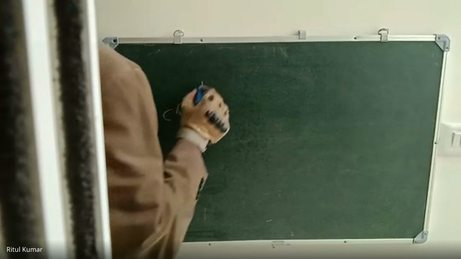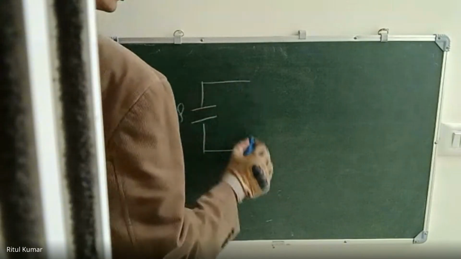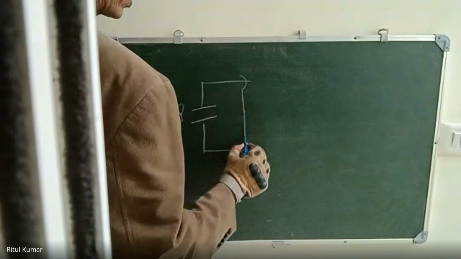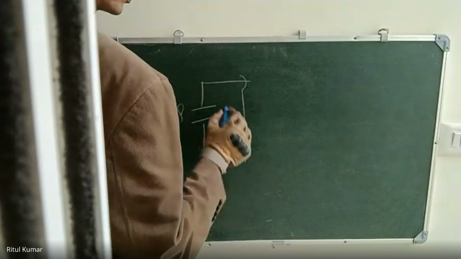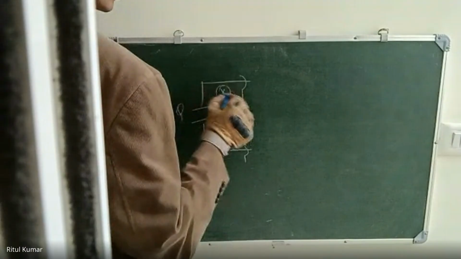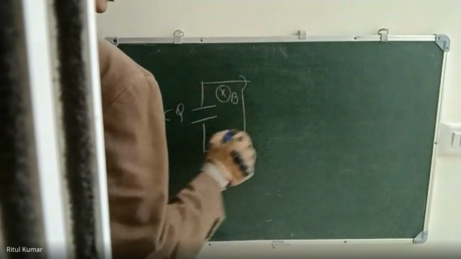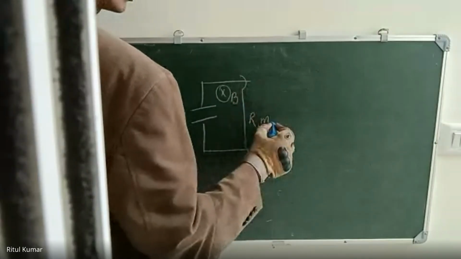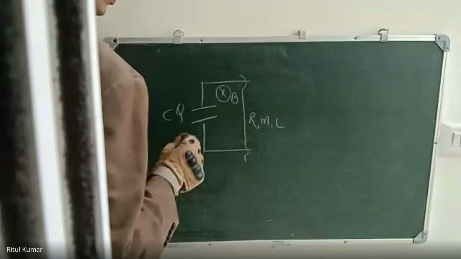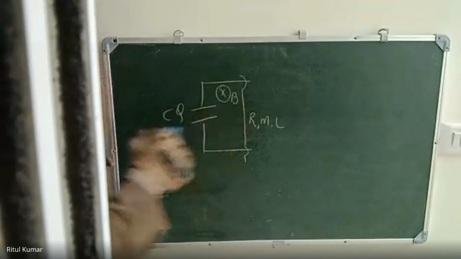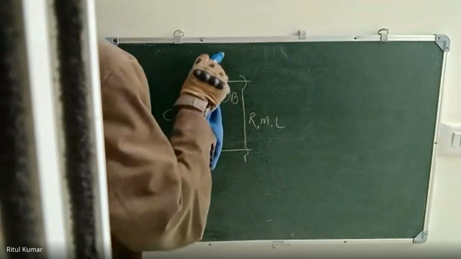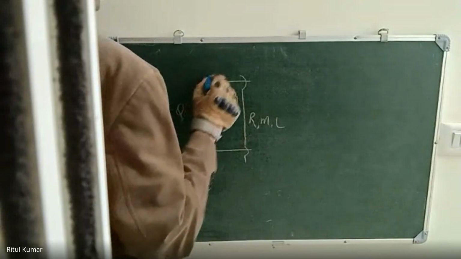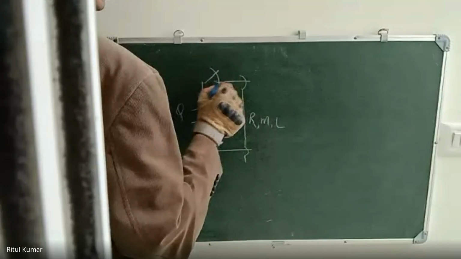And what we do, we have kept a slider. This is the B field, with mass M and length L. What I do is, initially it was not connected, now I connect.